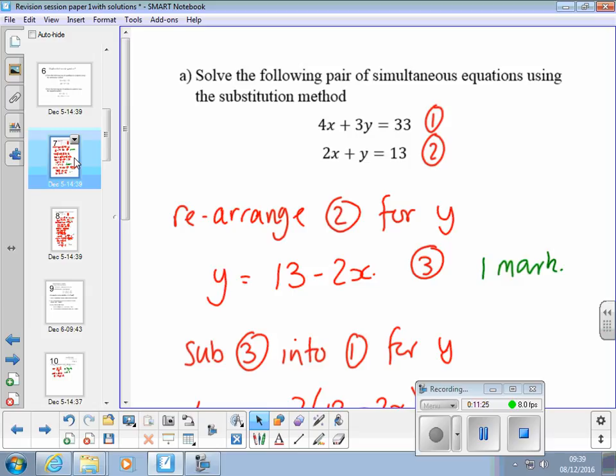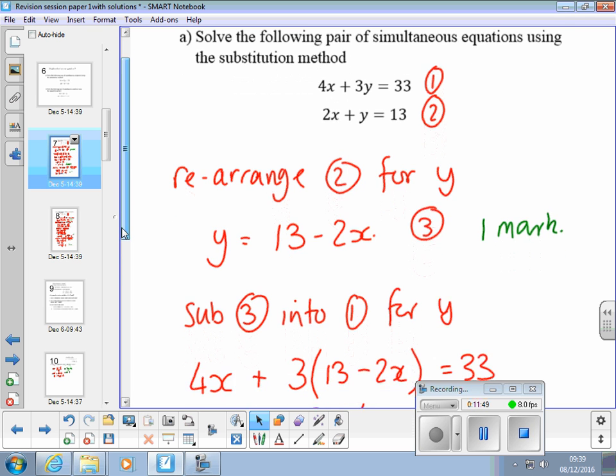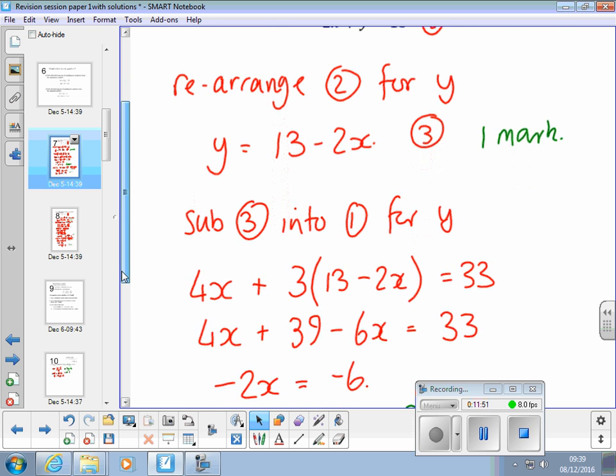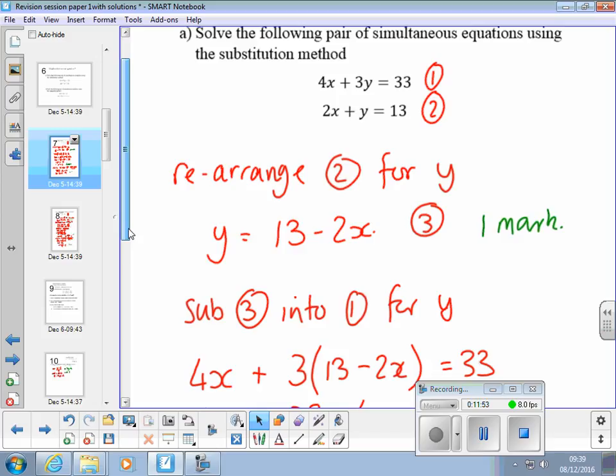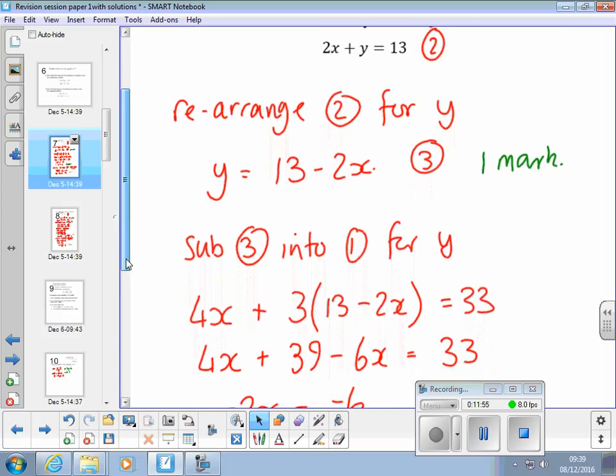So I've rearranged equation 2 for y. I've got y is equal to 13 minus 2x. All I've done is taken 2x from both sides and ended up with that. 1 mark on that. Second part is I've substituted that new equation 3 into equation 1 for y.